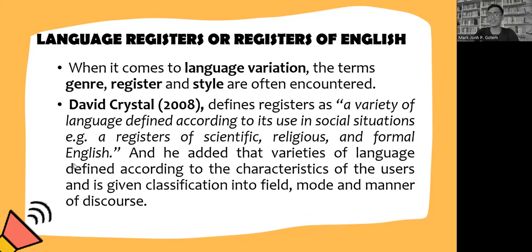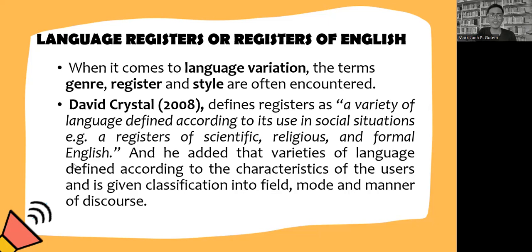According to David Crystal, 2008, registers are a variety of language defined according to its use in social situations, like registers of scientific, religious, and formal English. He added that varieties of language are defined according to the characteristics of users and classified in field, mode, and manner of discourse.